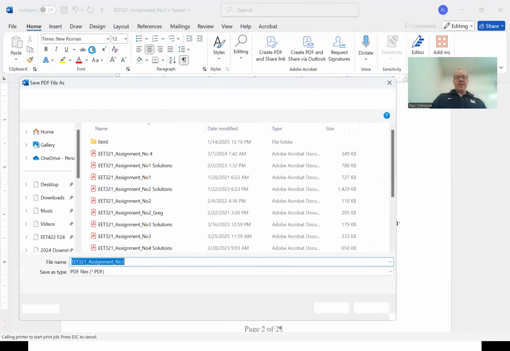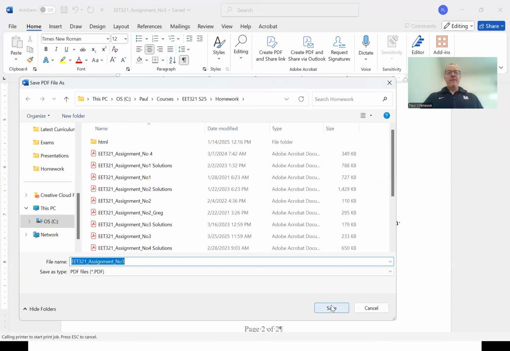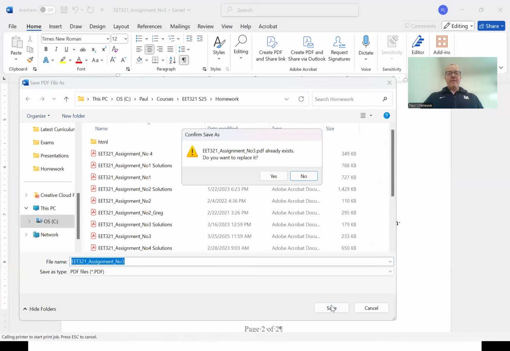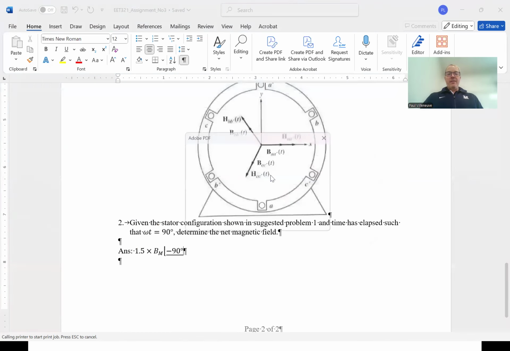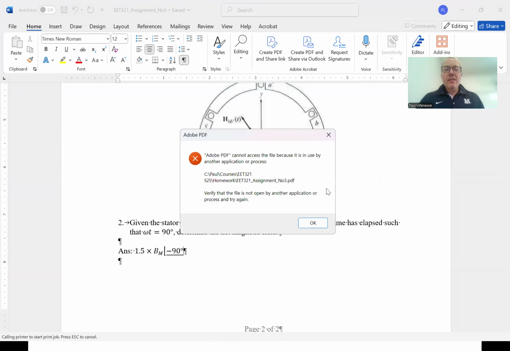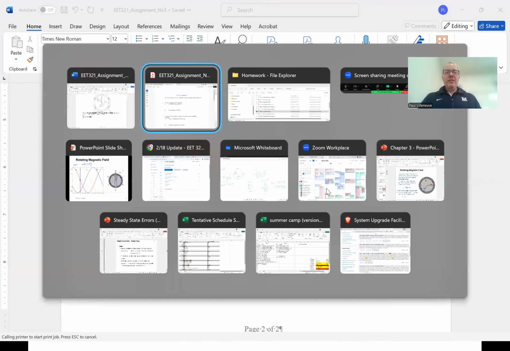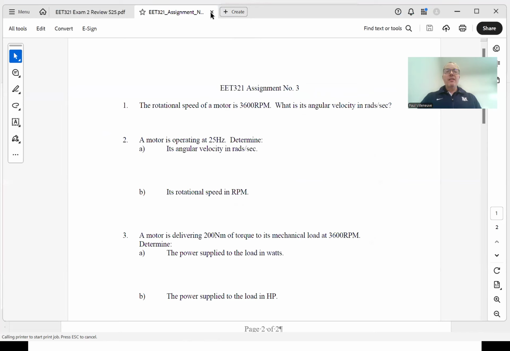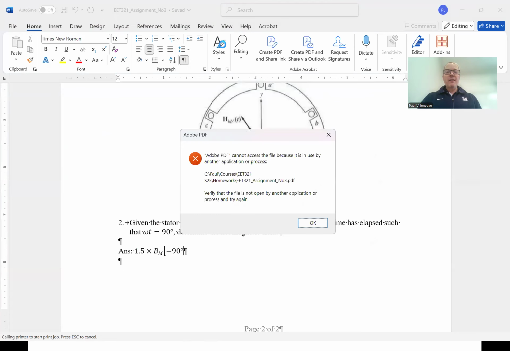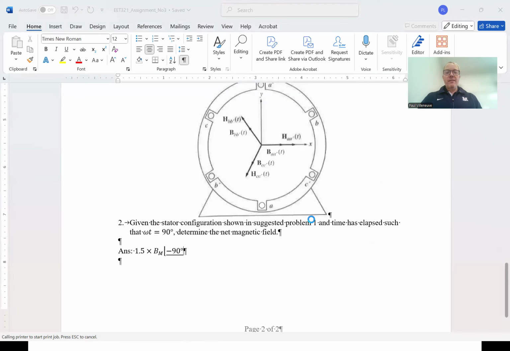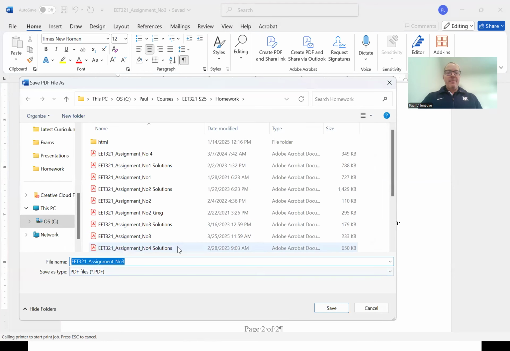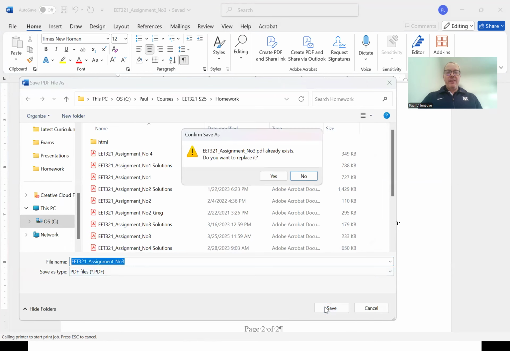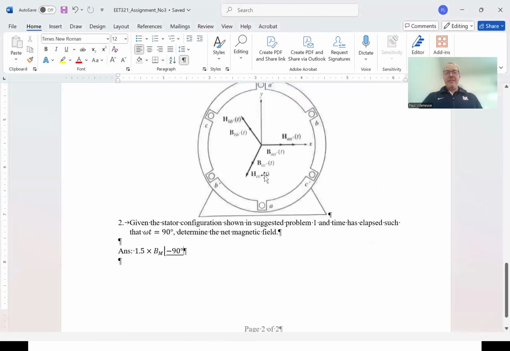I don't think it's saved, because the file is open. That was weird. It didn't seem to write it, but I will write it again anyway. And so what were you saying?